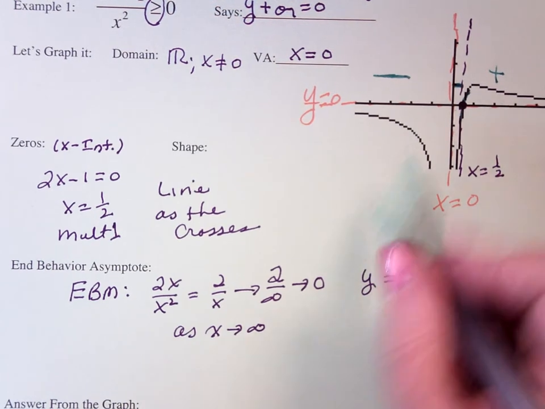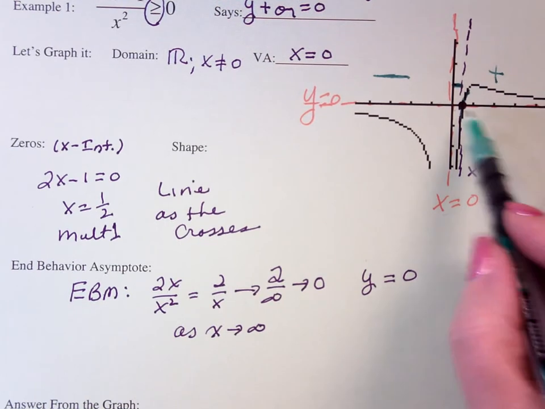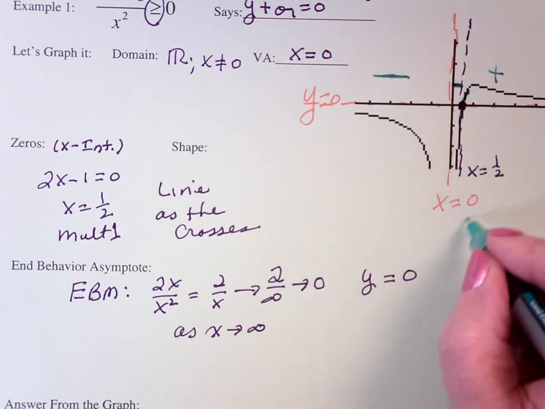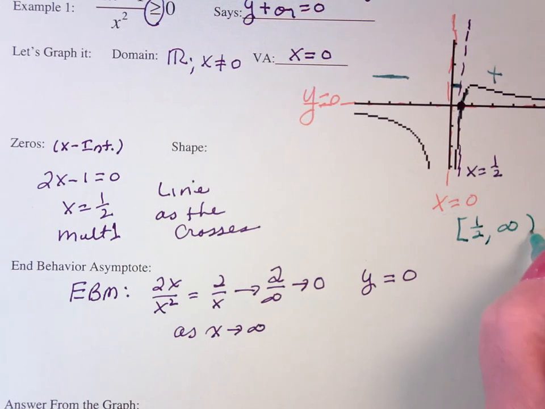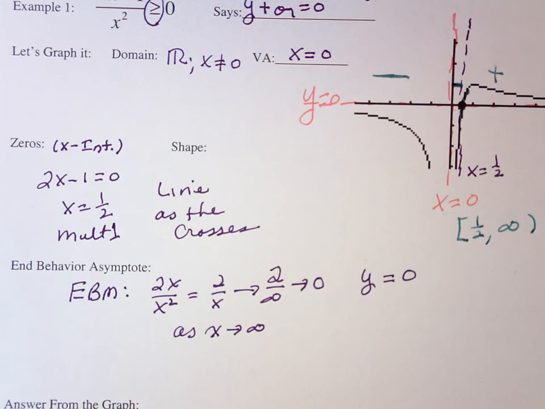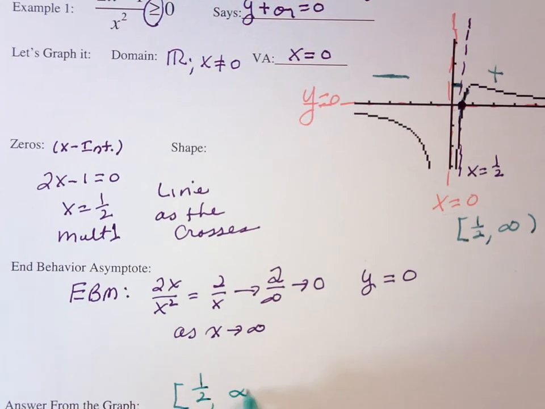So the answer would be, because it includes the x-intercept, 1/2 to infinity. So that would be the answer from the graph: 1/2 to infinity.